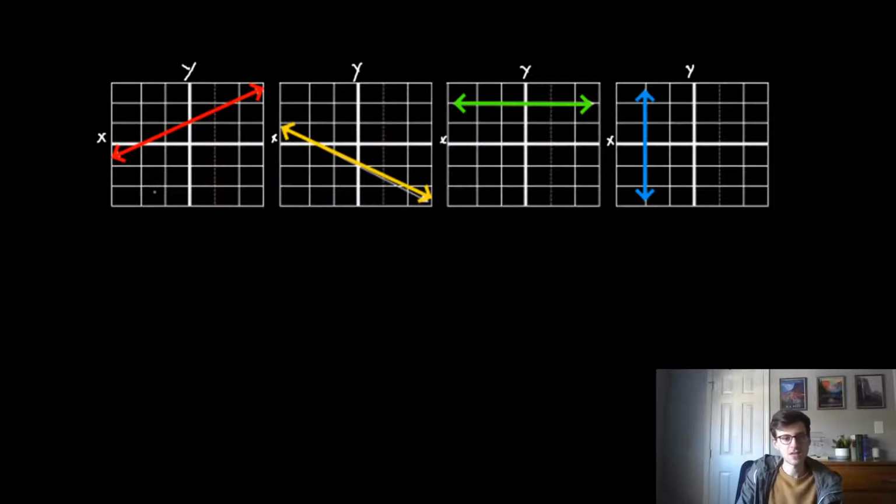Well, here y is increasing while x is increasing. It's a positive slope. It's going up. So here my slope is positive.